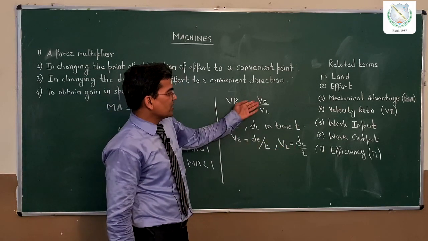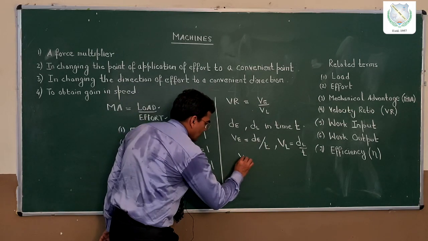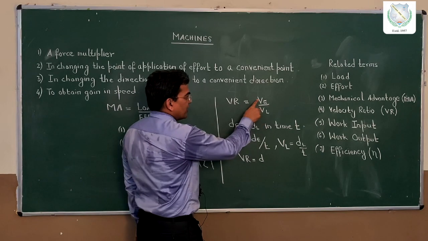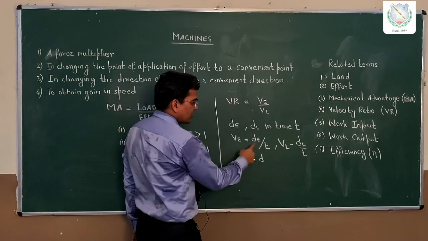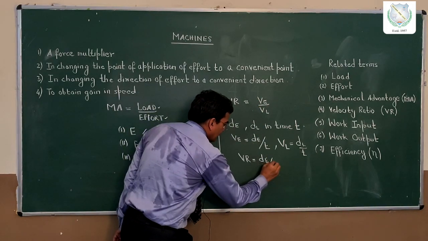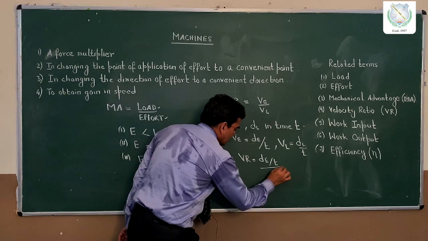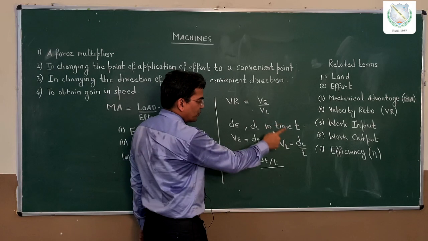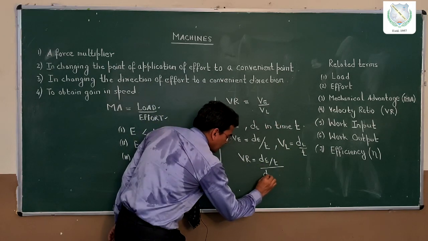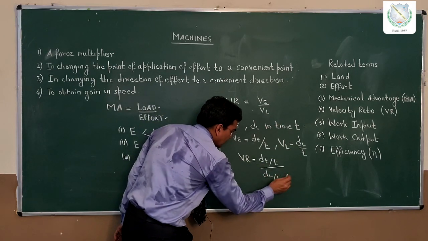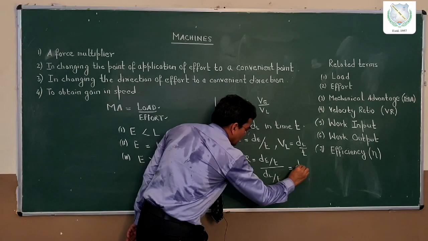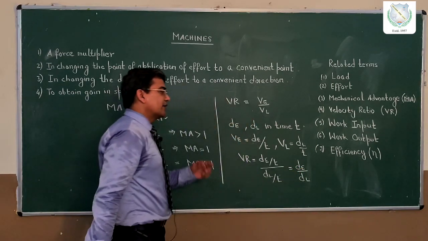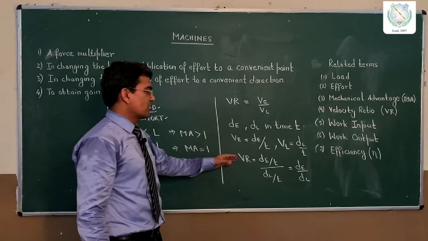Now substituting these values in this formula, in place of VE you can substitute dE by t, and in place of VL, that is the velocity of the load point, you can substitute dL by t. So from here we get another definition for velocity ratio.